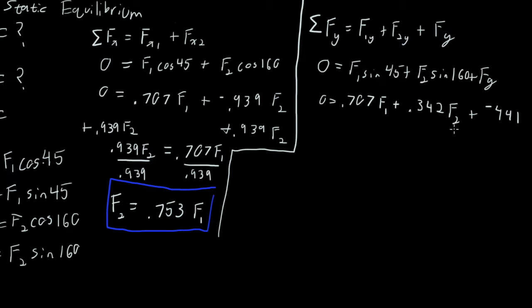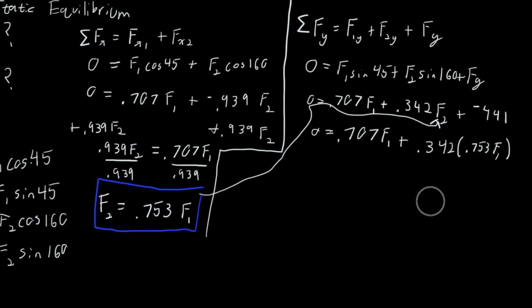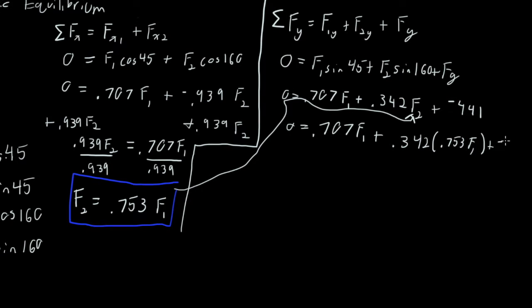So let's go ahead and take this equation right here, which has F2 equaling something of F1, and let's plug it in for F2. So I'm going to get 0 equals 0.707 F1 plus 0.342 times 0.753 F1 plus negative 441.